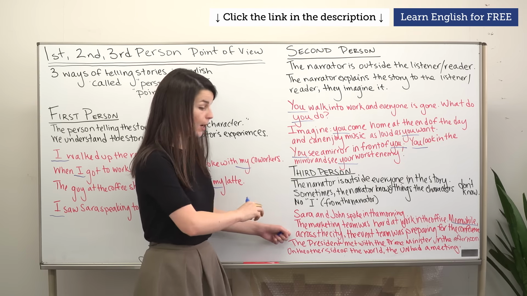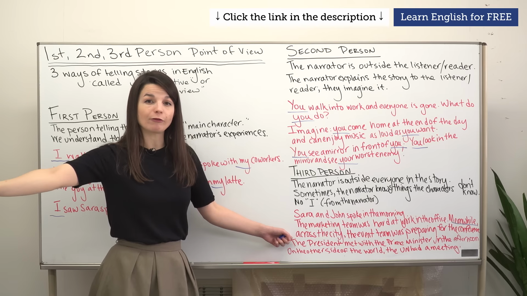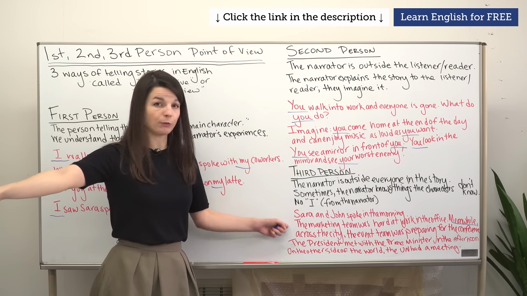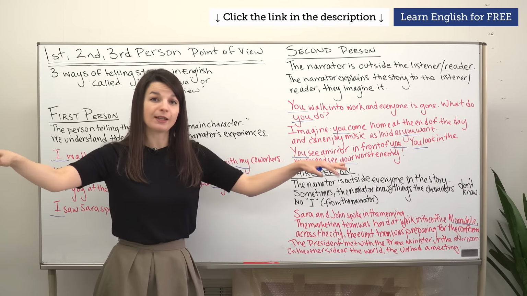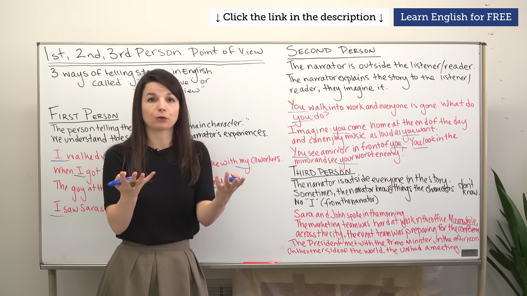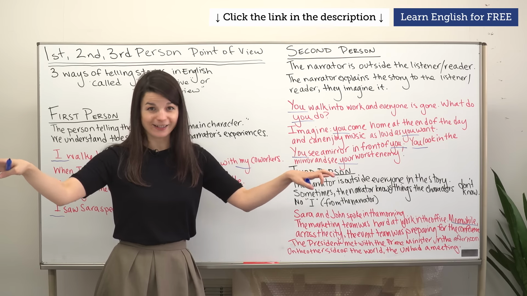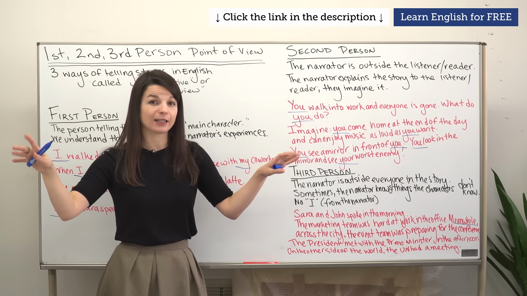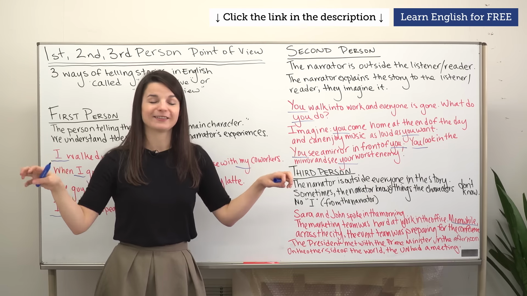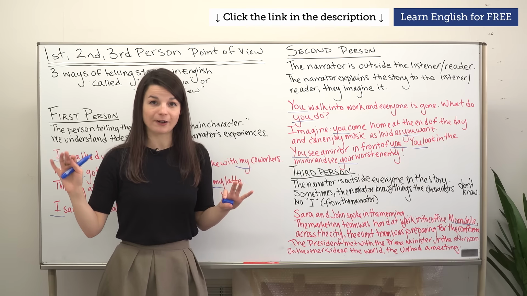At the same time, across the city, the event team was preparing for the conference. So in this situation, there are two groups of people that are independent. The narrator, the person telling the story, knows what both groups are doing at that exact time. However, these two groups maybe don't know exactly what the other group is doing. So this is one example of that all-knowing kind of narrator.